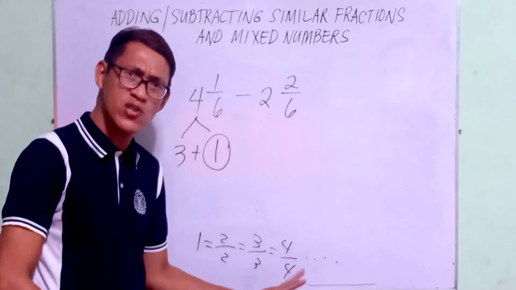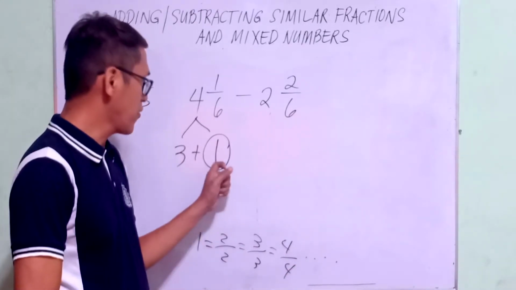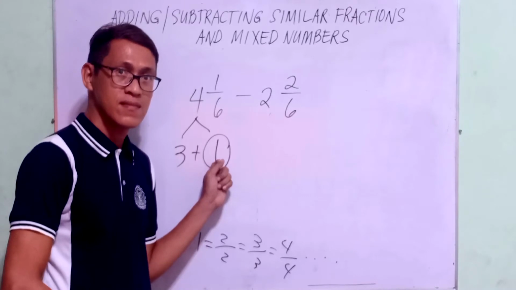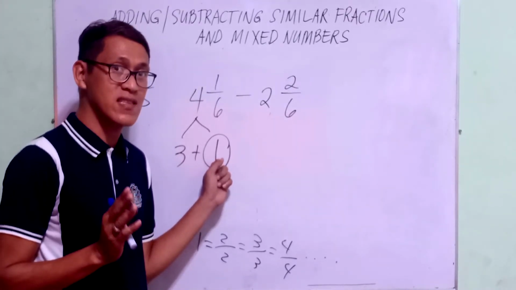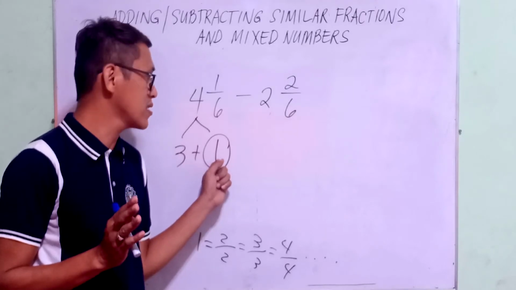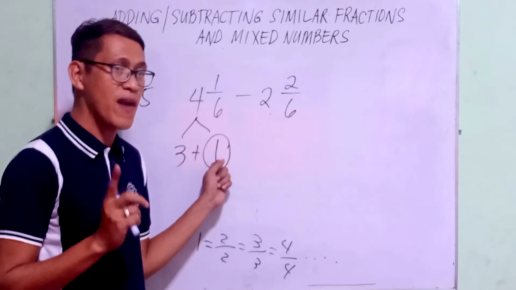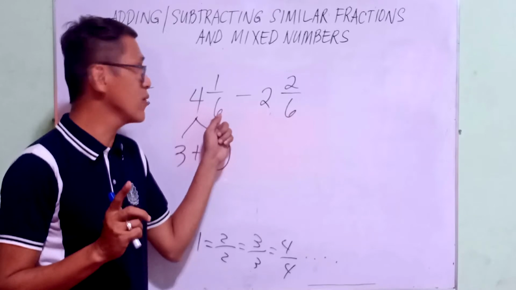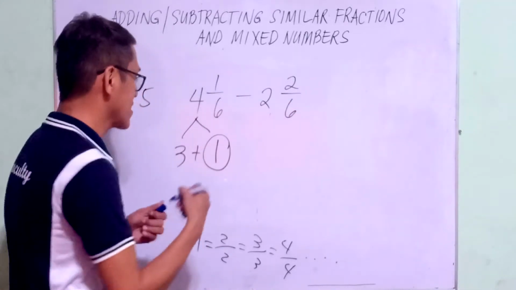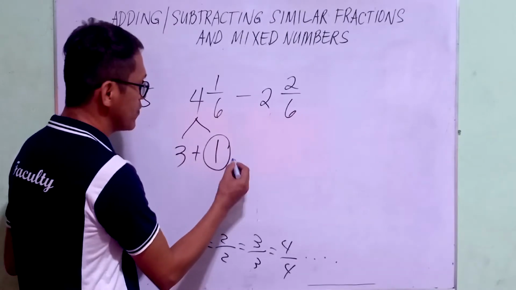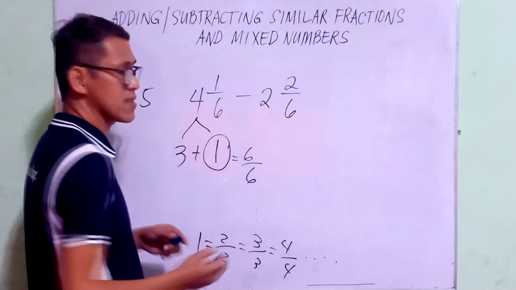But which one will you use for 1 here? Remember, we are talking about adding and subtracting similar fractions and mixed numbers. So you have to use a fraction that is similar to 1/6 and 2/6. And that is 6/6, correct? So change 1 to 6/6.